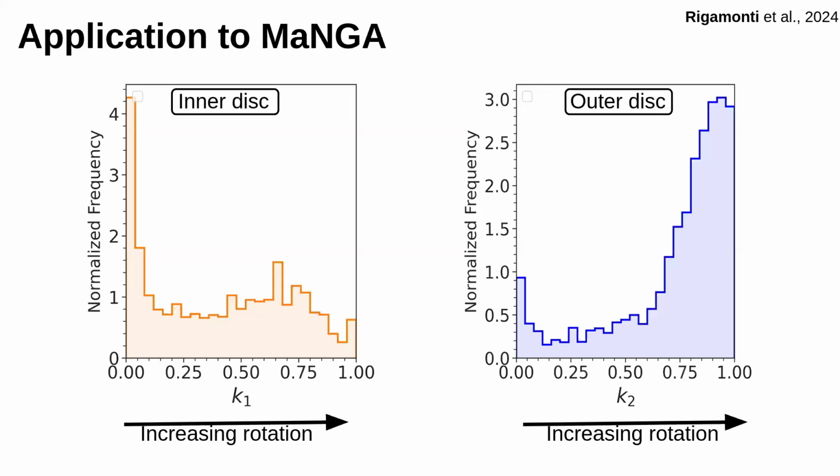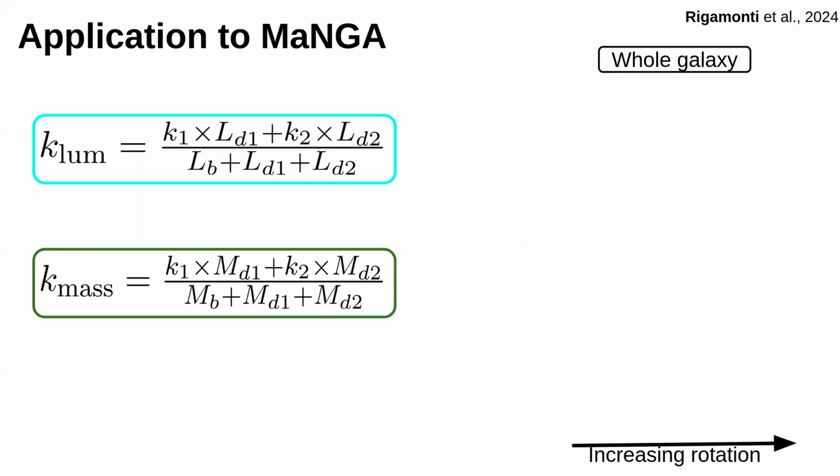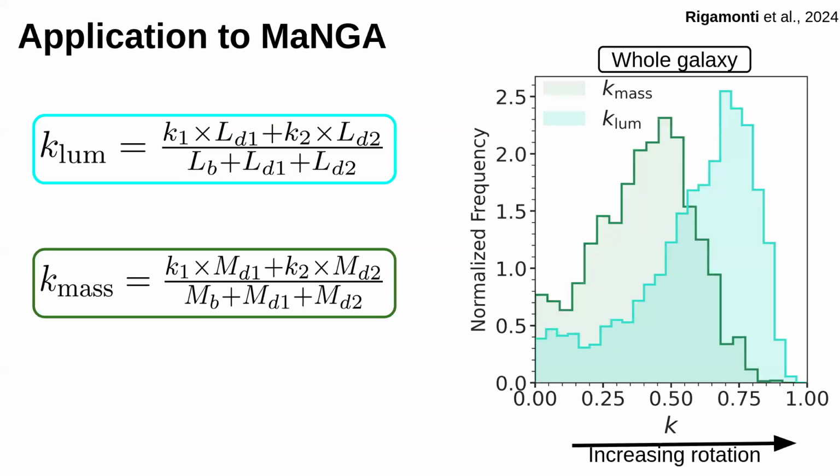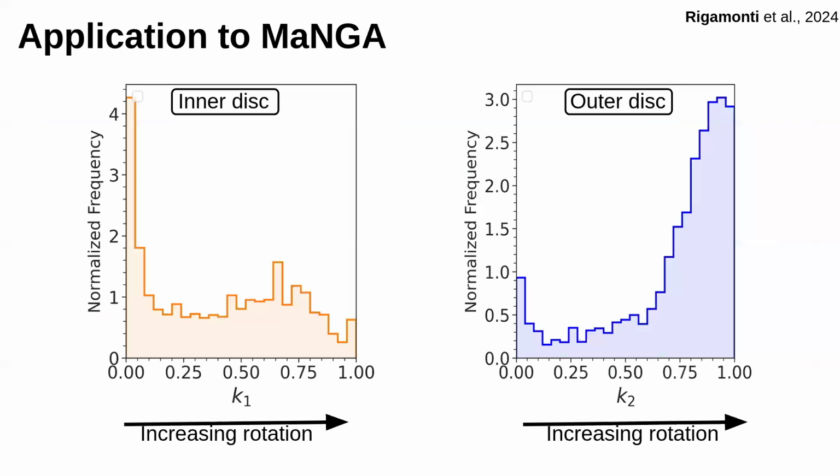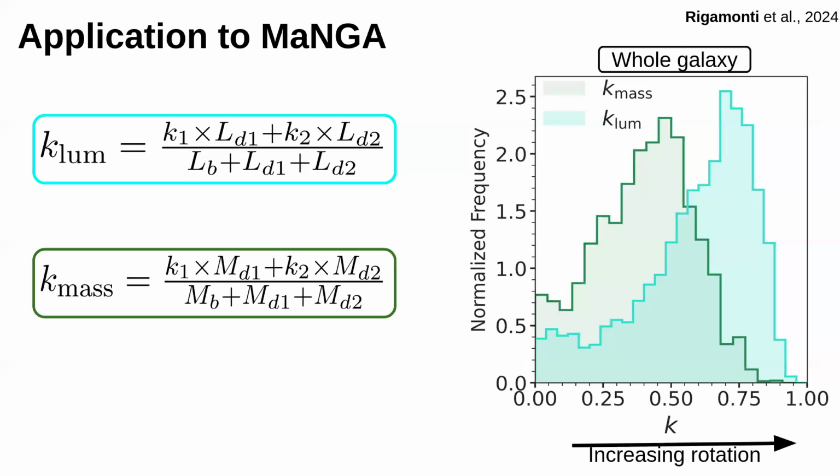I'll try to clarify that by looking at a few examples. But before doing that, let me define two other parameters. These are the luminosity-weighted and the mass-weighted kinematics. So if K1 and K2 discuss the kinematics of the individual components of a single galaxy, K-lum and K-mass quantify the overall dynamical support of your system, whether it is luminosity-weighted or mass-weighted.